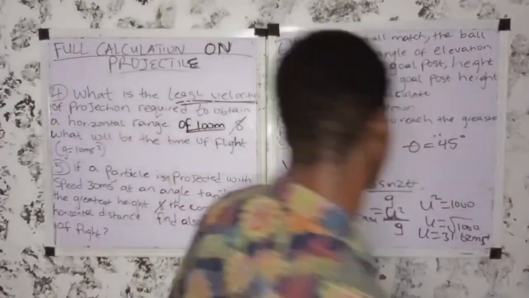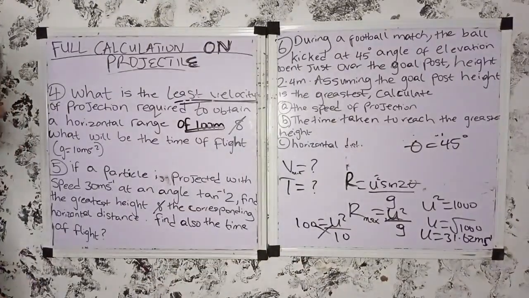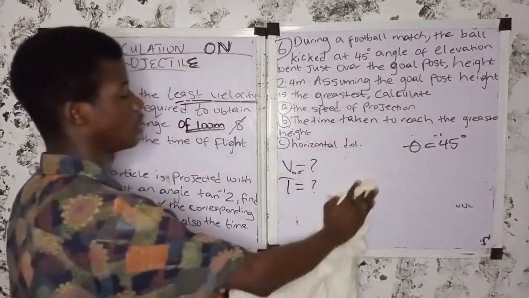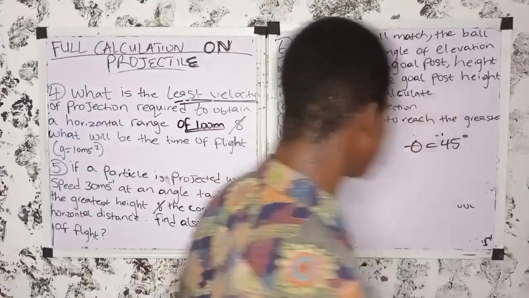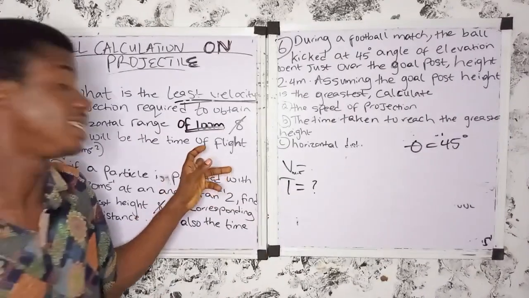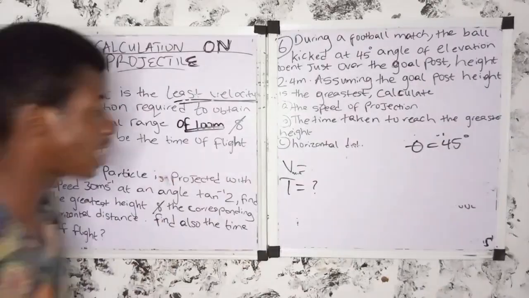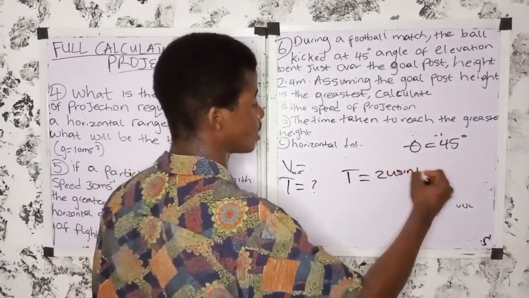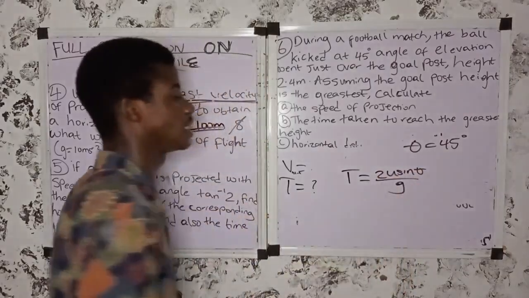Okay, so what are we looking for next? We have got our velocity to be 31.62. Now we are going to look for the time of flight. So how are we going to do it? Remember, I told you guys that this time of flight they tell us to look for is the total time of flight. And what is total time of flight? Total time of flight is equal to 2u sine theta over g, right? Yes.